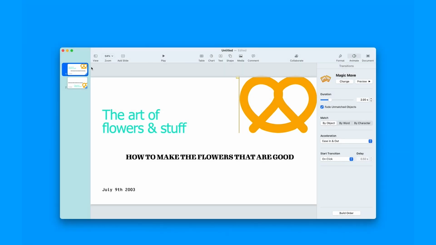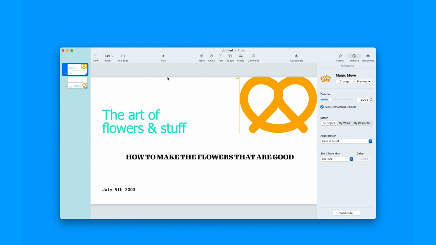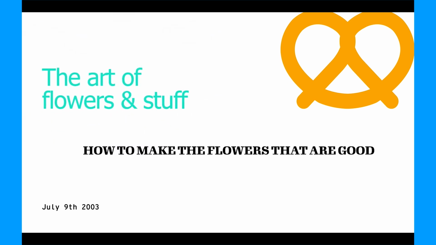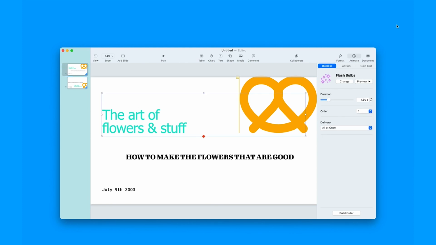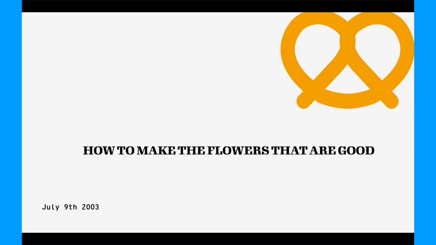Also, by the way, this has a move in animation, so we should remove that for Magic Move to work properly. So let's see this. Oh, and it also has a build out animation, so let's change that too. So let's see this.